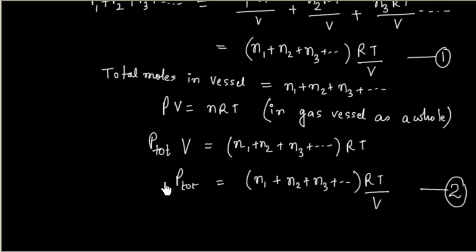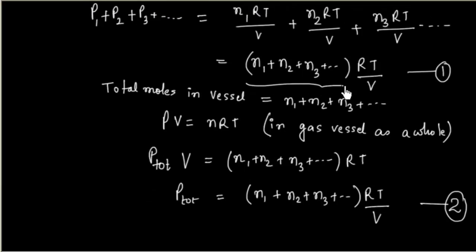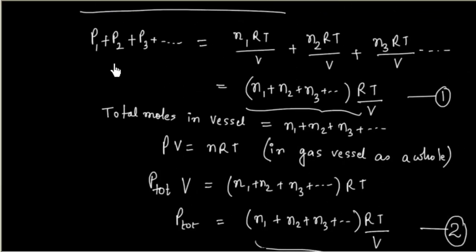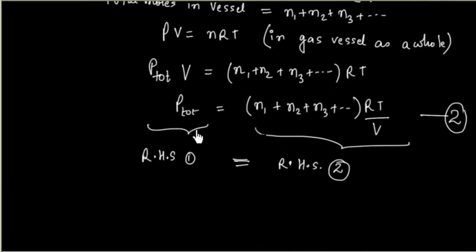Now if you see equation 1, the right side of equation 1 is the same as the right side of equation 2. So RHS of equation 1 is the same as RHS of equation 2. This means the left side has to be equal. P1 plus P2 plus P3 is equal to P total.